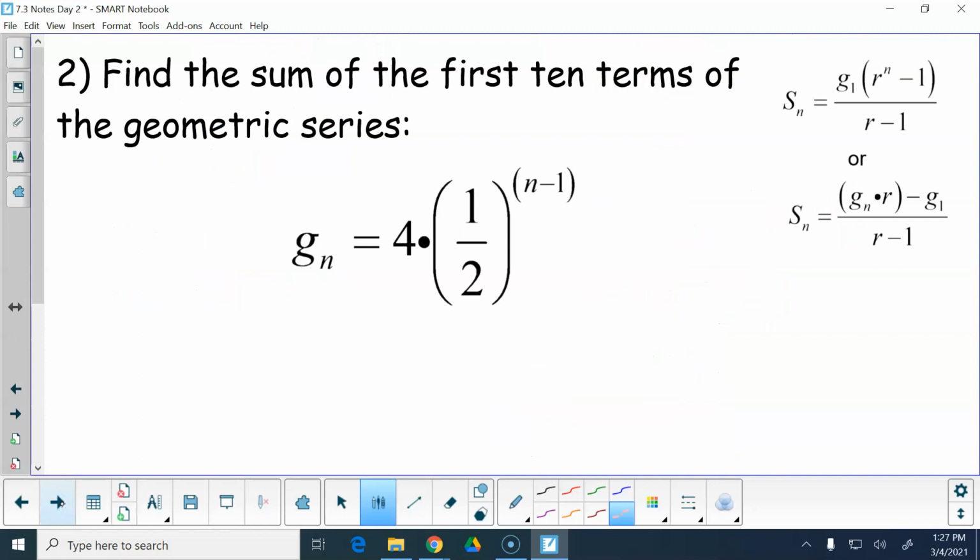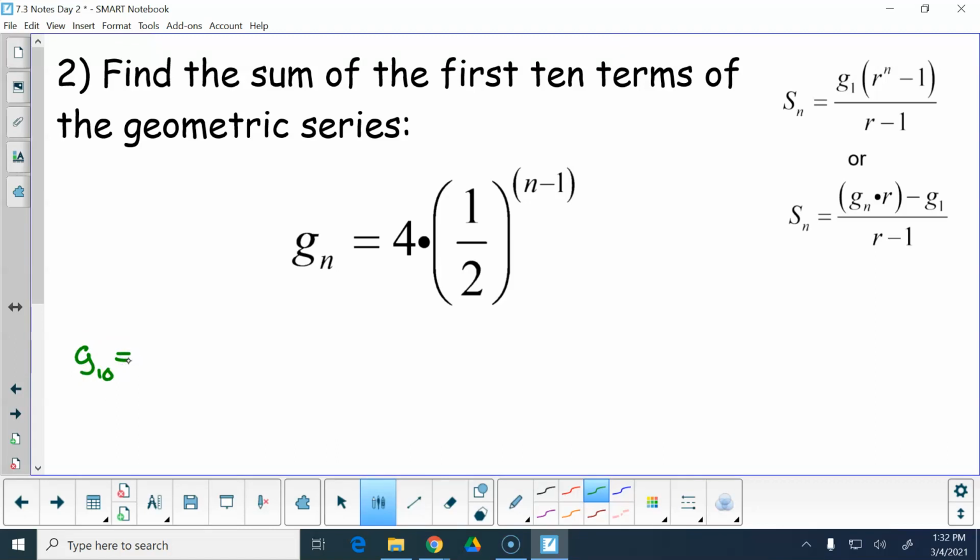Utilizing that, please try this one. Find the sum of the first 10 terms of this geometric series. So I'm going to do this one using the bottom one. So the first thing that I need to find is G sub n. G sub n, in this case, would be G sub 10.